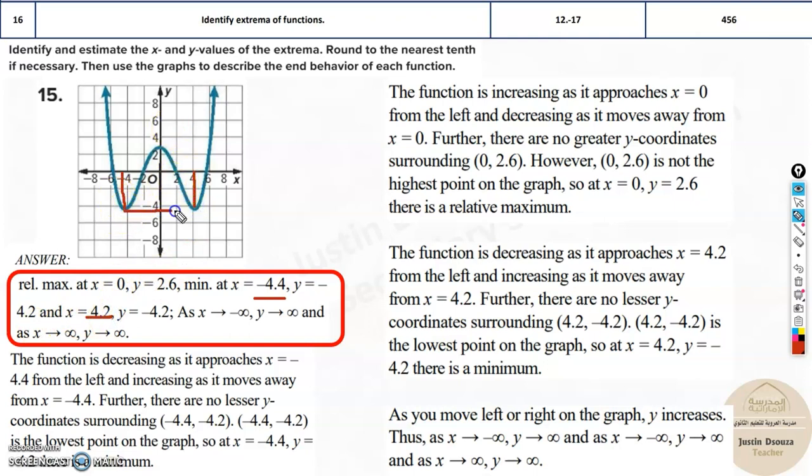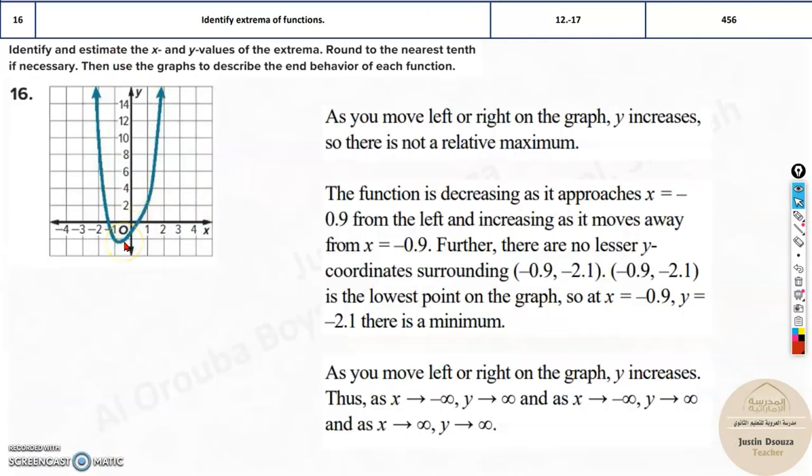It is just above 4, that is negative 4.2 as the y value. See, it's negative 4.2. That is the minimum value. Now, what about the end behavior? As x goes to minus infinity and also plus infinity, y goes to positive infinity only. The y value is going only upwards. Those are the answers for relative maximum and minimum points.